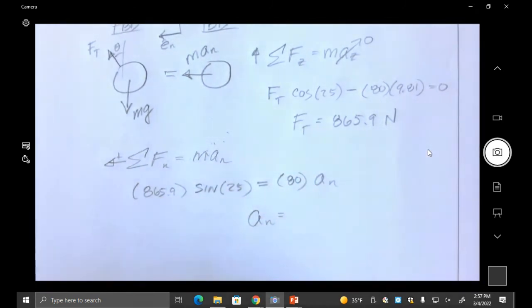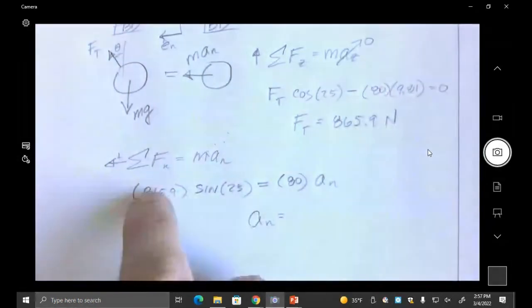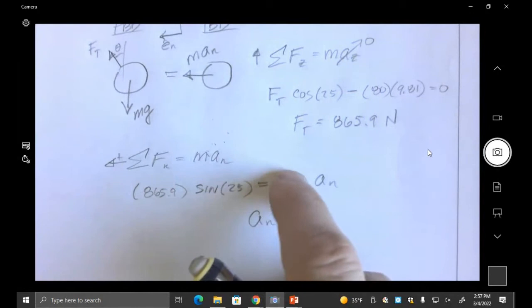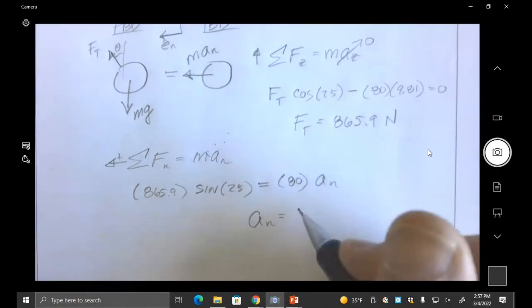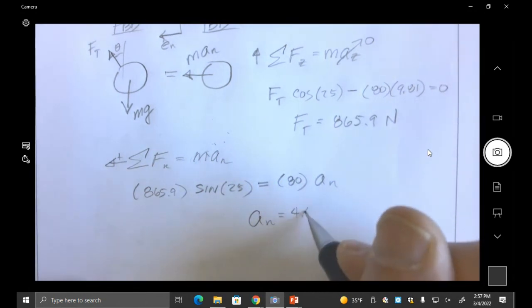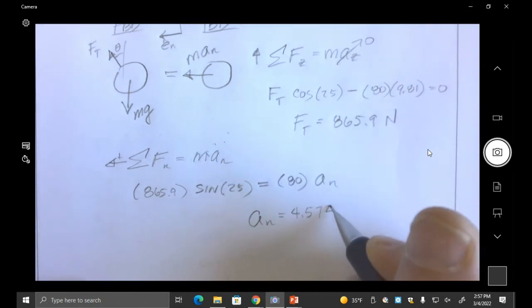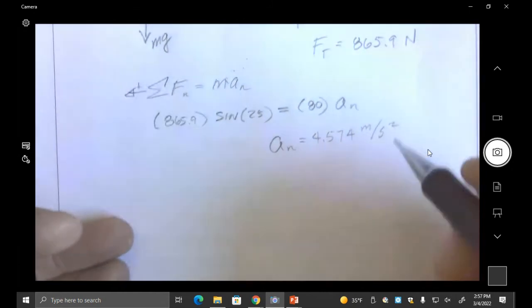I should point out that we could have combined this problem together, and the 80 would have shown up on the left side, and the 80 would have been right here. So the mass didn't even affect what this would be, but we're doing it step by step here. And divide by 80, and we get 4.574 meters per second squared.